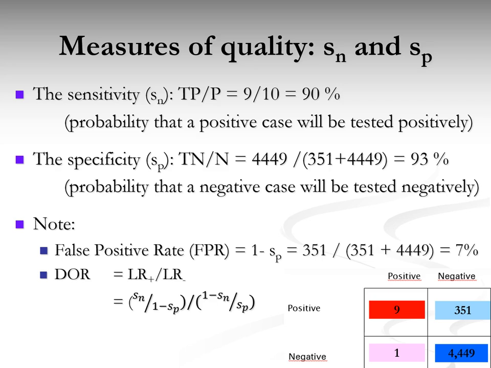And the ratio between the likelihood ratio for the positively tested cases divided by the likelihood ratio for the cases that are negatively tested, that ratio is another way of calculating the diagnostic odds ratio.